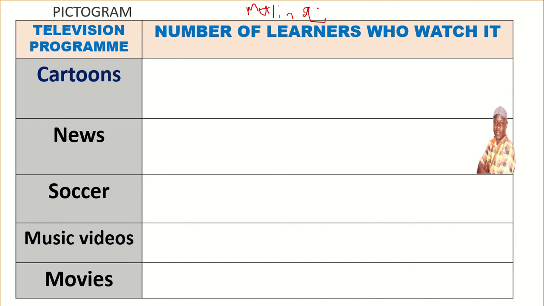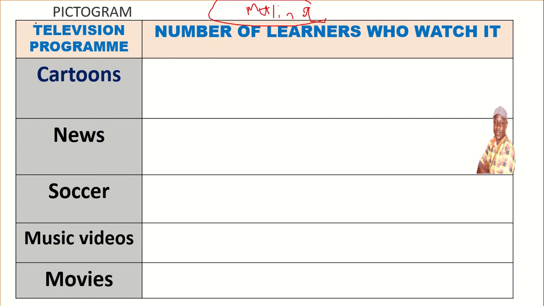Mr. Malinga asked his grade 3 class what programs they watch on television. He used their answers to draw a pictogram as shown. So this pictogram was drawn by Mr. Malinga.